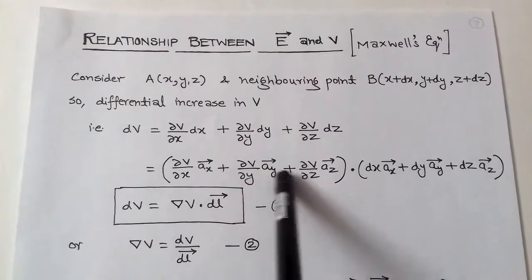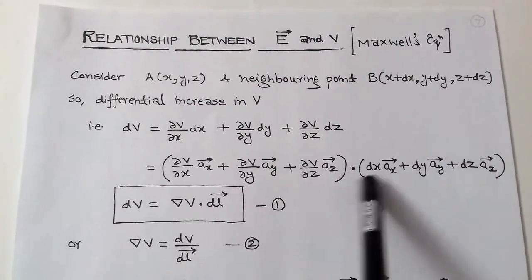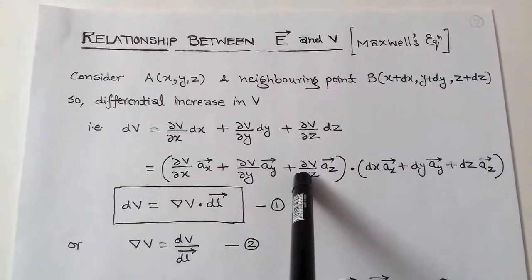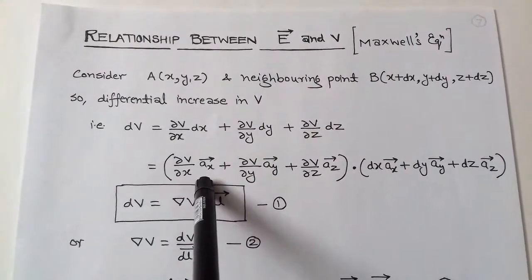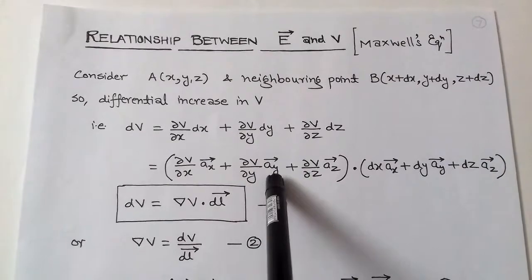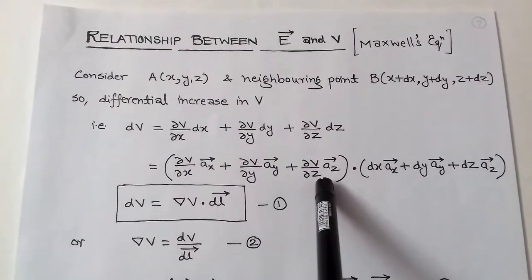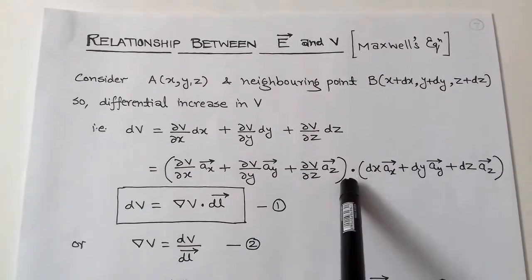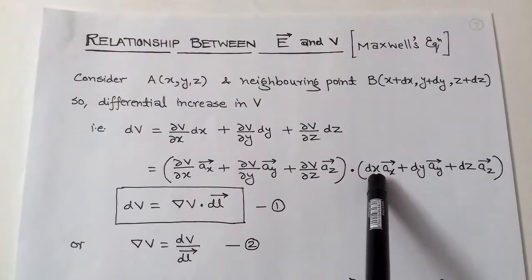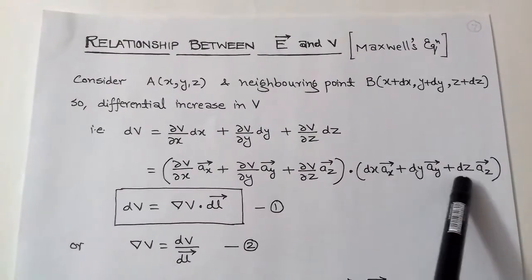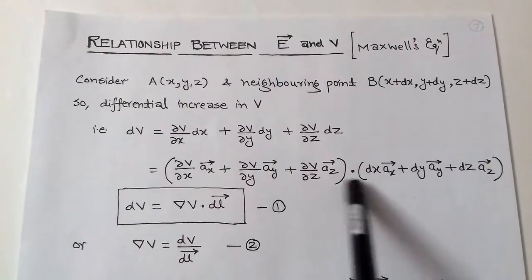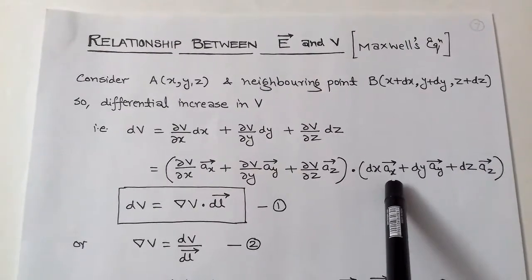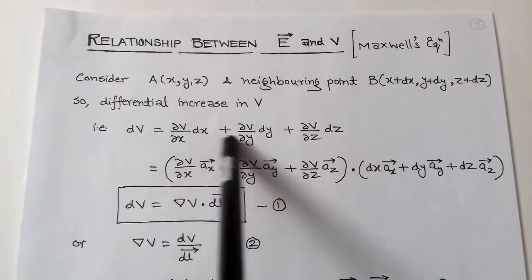So this dV can be written in terms of unit vectors, as a dot product of two vectors: del V upon del x unit vector x plus del V upon del y unit vector y plus del V upon del z unit vector z, dot dx unit vector x plus dy unit vector y plus dz unit vector z.